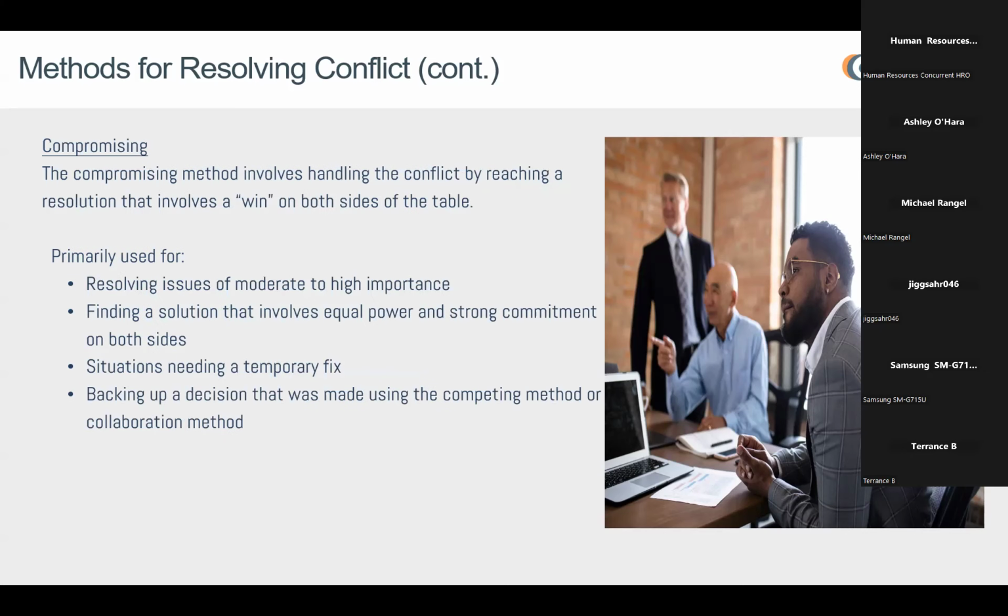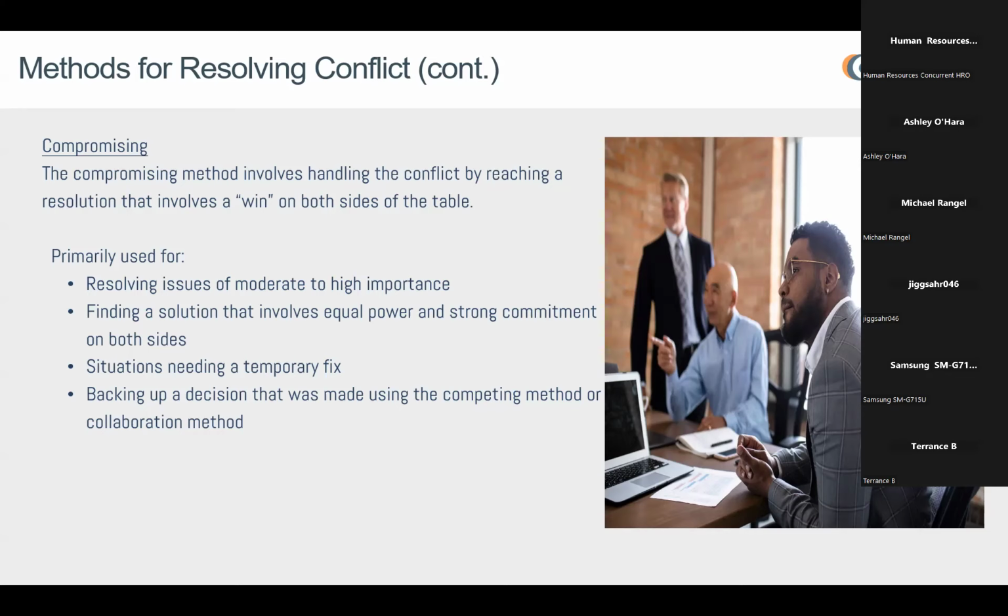Compromising. The compromising method involves handling a conflict by reaching a resolution that involves a win on both sides of the table. All right. So it's kind of like the collaborative, where everybody's voice is heard. Primarily, this is used for resolving issues of moderate to high importance, finding a solution that involves equal power and strong commitment on both sides.